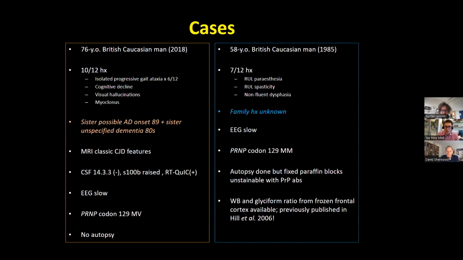He had a slow EEG and had a 2-OPRI insertion in the prion protein gene. An autopsy was done, but we were unable to stain the fixed paraffin blocks, probably because it was too ancient. However, importantly, there was some frozen tissue archived, and we were able to do further work from that.